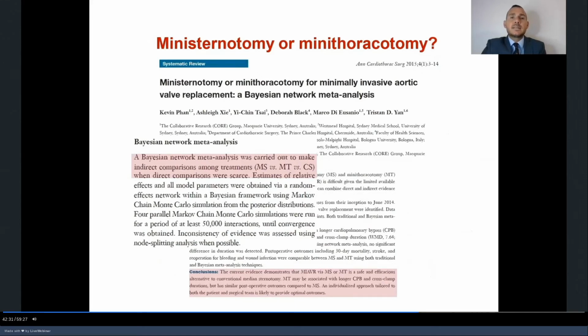Are these approaches different in terms of outcome? Basically not. There is not a significant superiority of one approach over the others, and the results of either approach are equivalent to full sternotomy in terms of outcome.